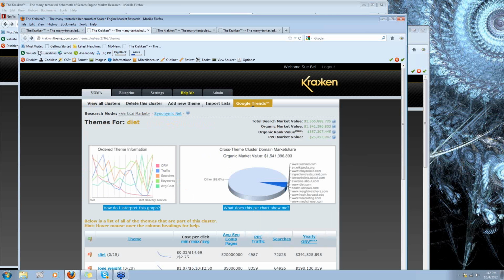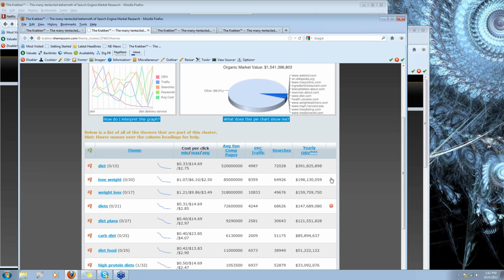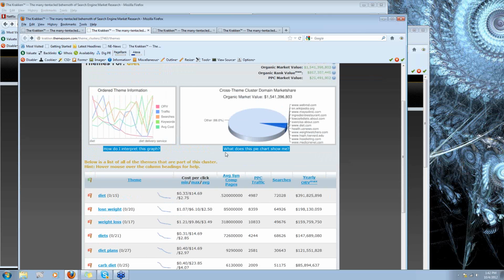The other reason why you want to keep everything to a particular market is especially this graph right here. By default, you're in a vertical market view, which means that on the themes overview screen, the cluster screen, you're looking at all of the keywords.